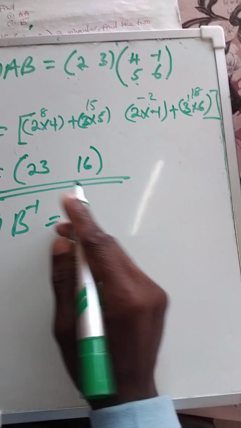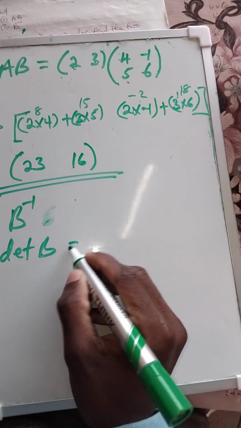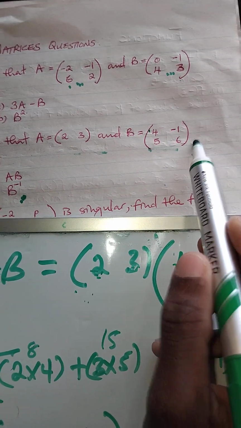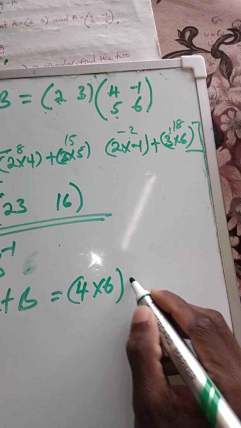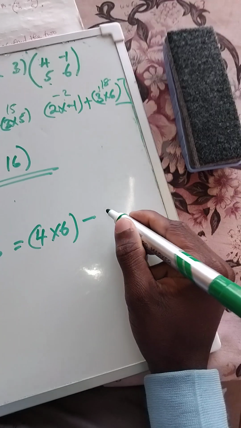So for the inverse of B, first we find the determinant of B. The determinant of B is 4 times 6 minus 5 times -1.